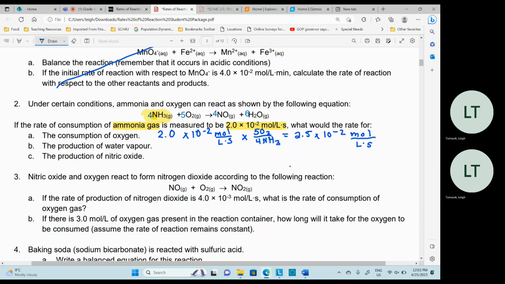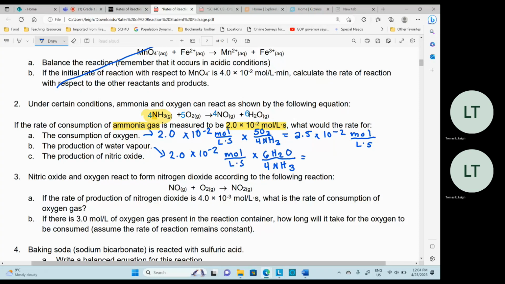Water vapor. Okay, so this one will go here. Water vapor, we need to go down a bit. So we start off with the rate of ammonia again. And then we have water. Now there's 6 water created for every 4 ammonia that we use.